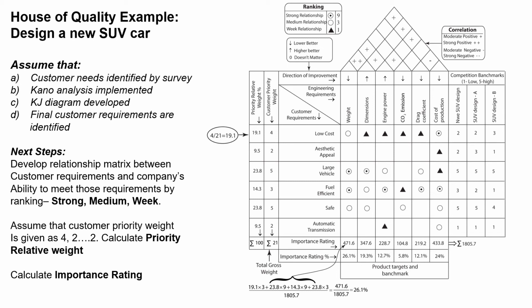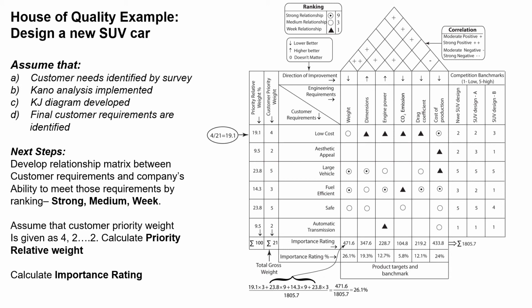So for instance here, a customer requirement is you need a large vehicle, and that's going to relate strongly to weight, but it does not relate strongly to carbon dioxide emission. So you can see the symbols they have in the matrix here to indicate that.